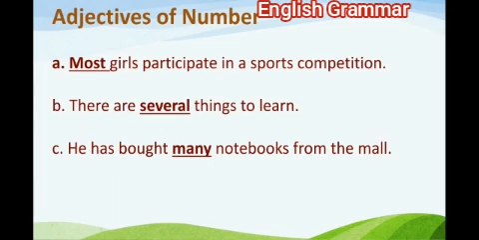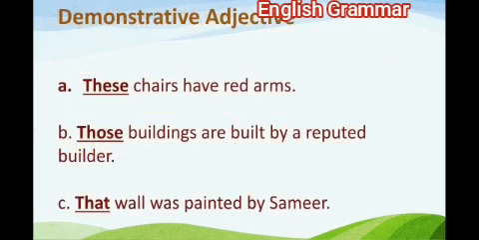How many? Several. He has bought many notebooks from the mall. He has bought so many notebooks from the mall. Remember that all, some, first, second, third, fourth, and so on, each, every, all fall under the adjectives of numbers. And adjectives of numbers give us information about the number or order of persons or things.